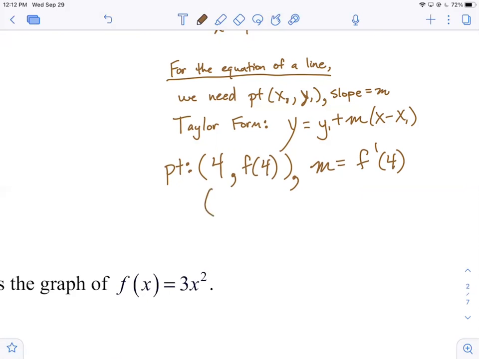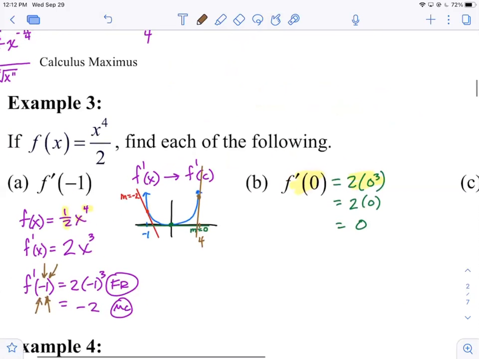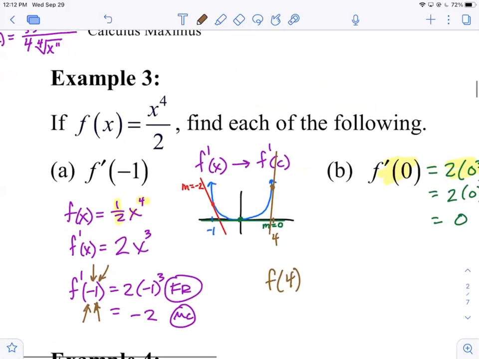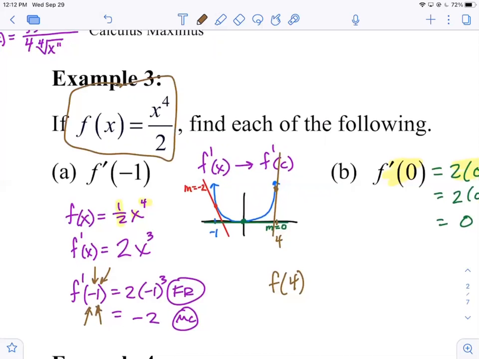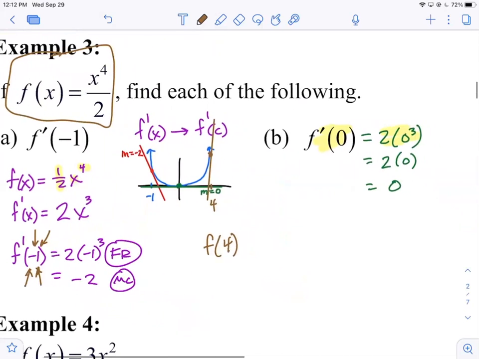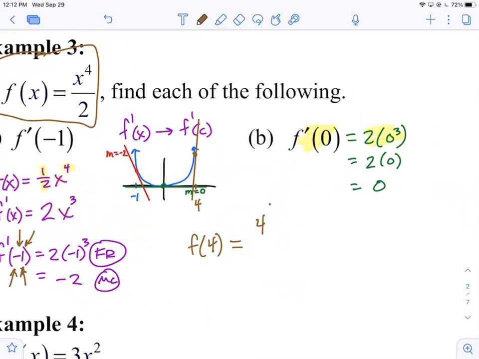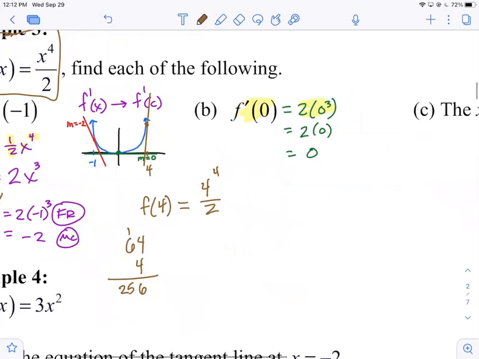So let's go ahead and make it specific. This is the point 4 comma, I don't know the y value yet. I do need to plug it in. So f of 4, do I plug that into the derivative or do I plug it into my original equation? Original, right? That's the y value equation. So I get 4 to the 4th over 2. Yikes. What is 4 to the 4th equal to? It's 64 times 4, right? 16, carry the 1, 256. It's 16 squared.